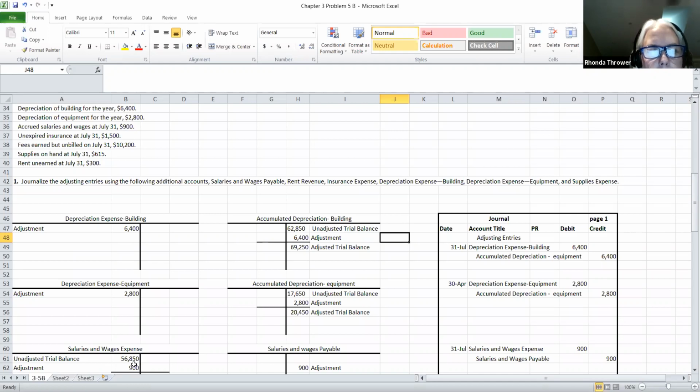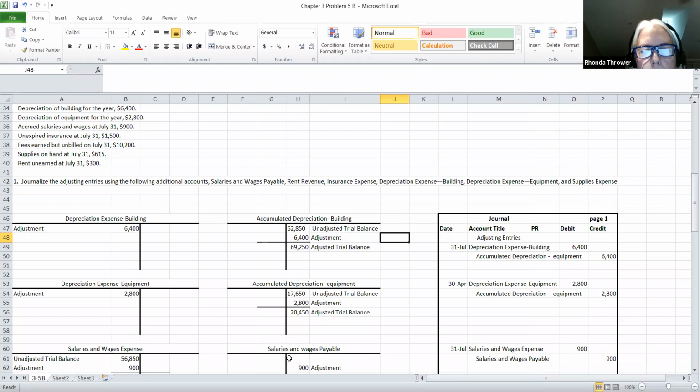This reflects the balance in the general ledger account, salary and wages expense before we made the adjustment. We're going to add $900 to our expense account because of this adjustment. Our salary and wages expense is going to be debited in our journal. Notice we copy the 900 as a debit to our journal entry.